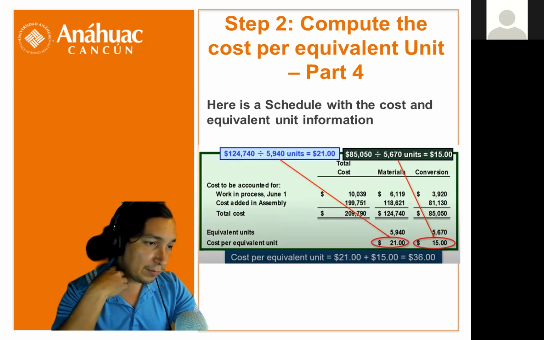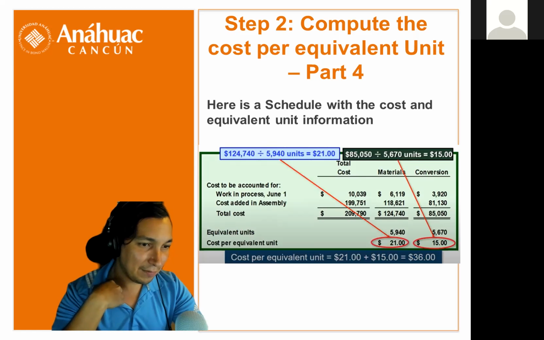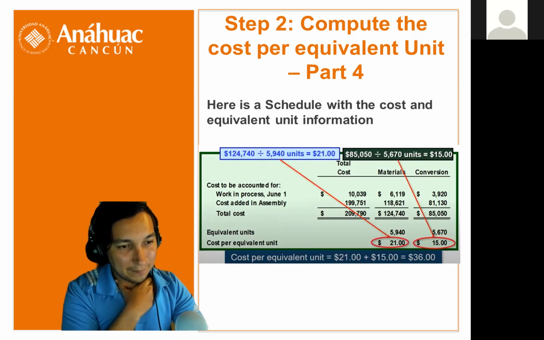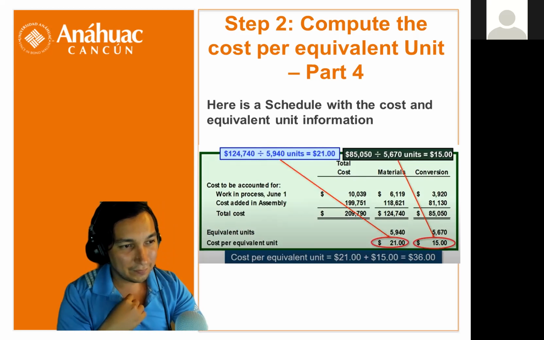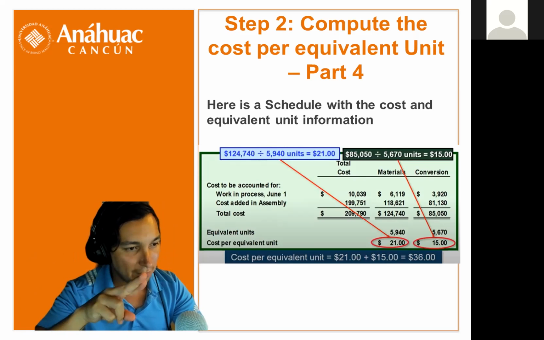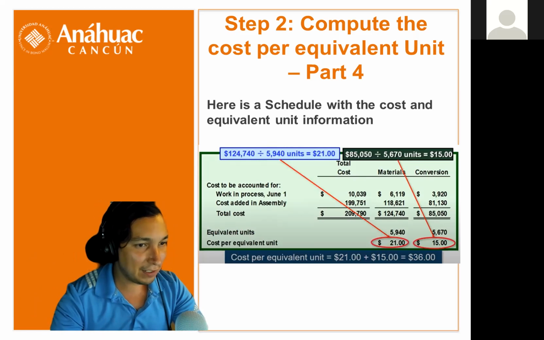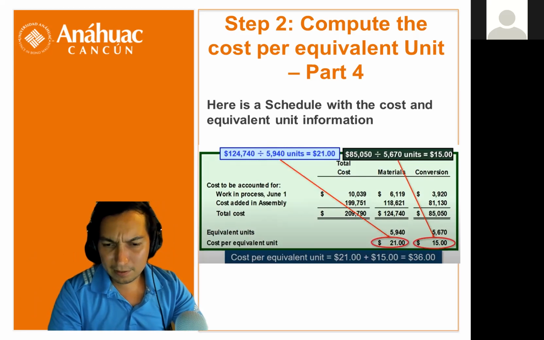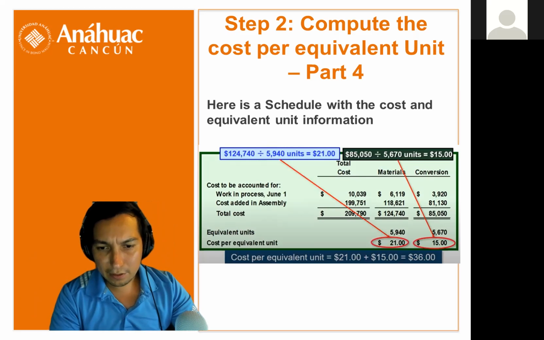Per each section, you have to add them up, obviously. So you get your materials, you get your conversion, you add them up, and you get your cost per equivalent unit. So we can say that our cost per equivalent unit is $36.